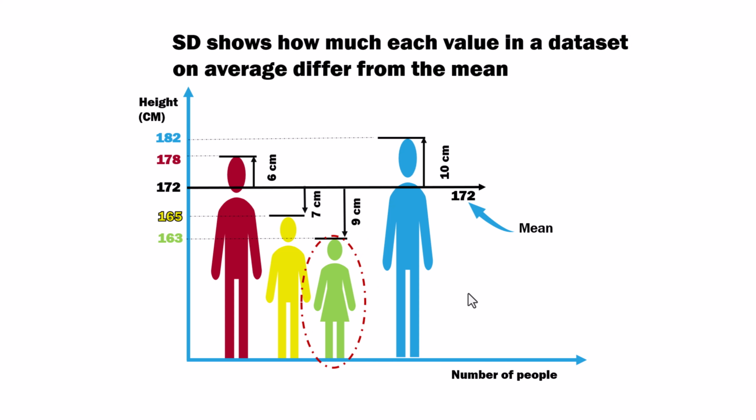Now, listing every deviation individually does not give us a clear picture of overall spread. A dataset with 1000 values would have 1000 deviations, too detailed and hard to interpret. So we ask, on average, how far are data points from the mean? That is where standard deviation comes in.